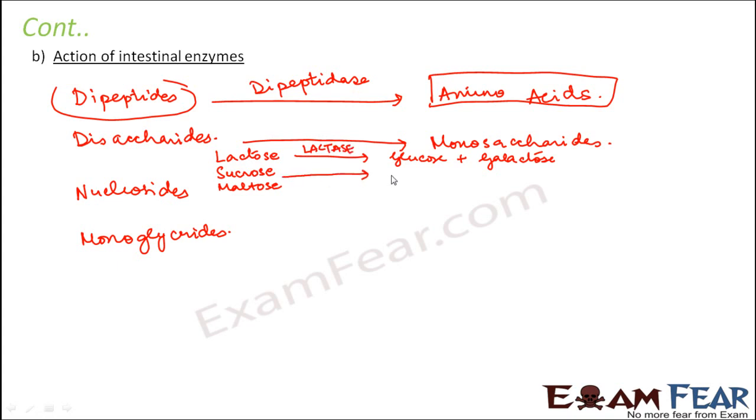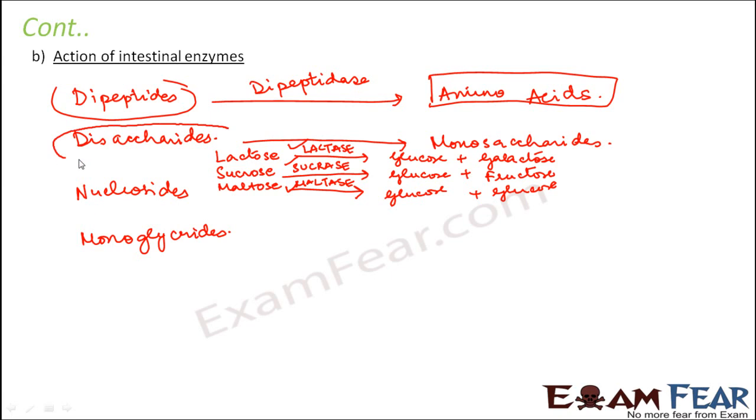Sucrose gets converted into glucose and fructose in the presence of an enzyme called sucrase. In a very similar way, maltose gets converted into glucose and glucose in the presence of an enzyme called maltase. All these enzymes are also intestinal enzymes. This is how disaccharides get converted into monosaccharides, which again are the simplest absorbable form of carbohydrates.